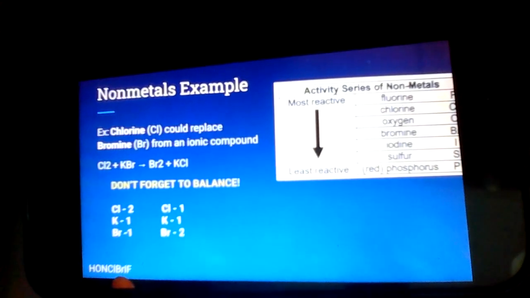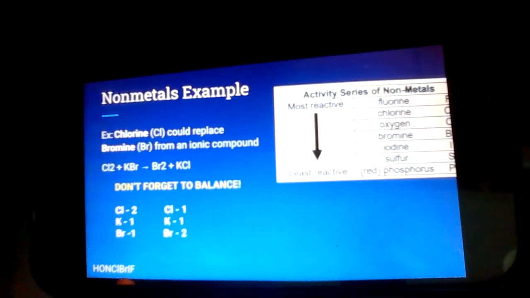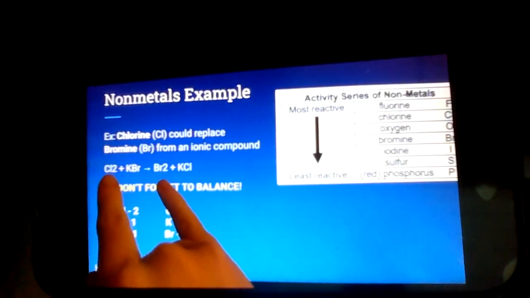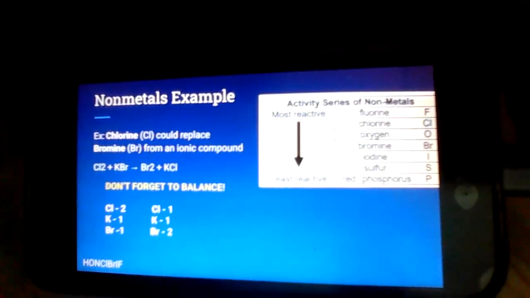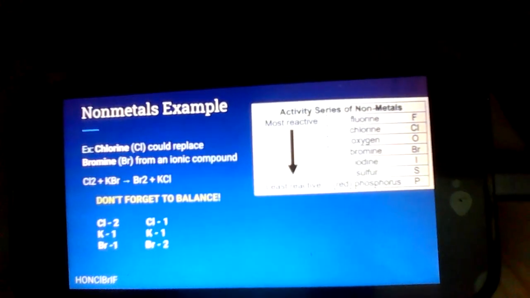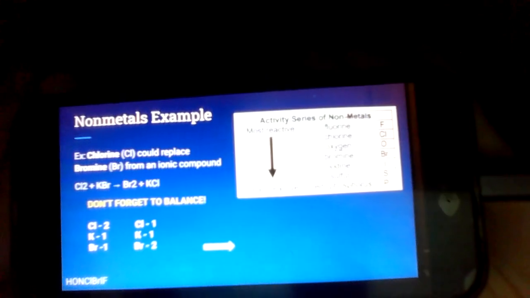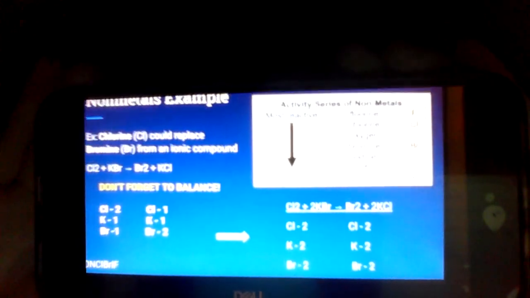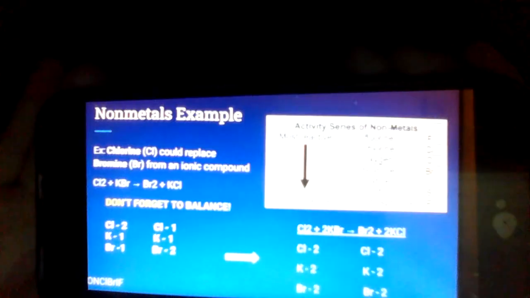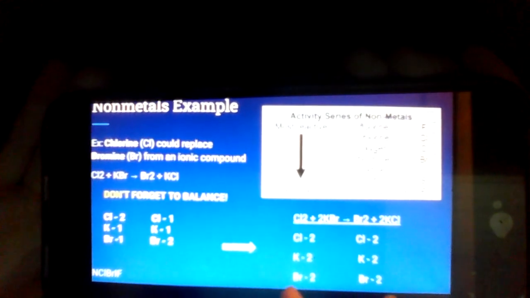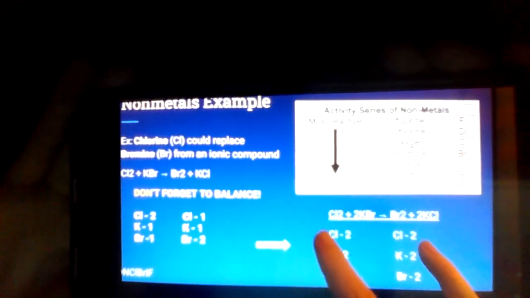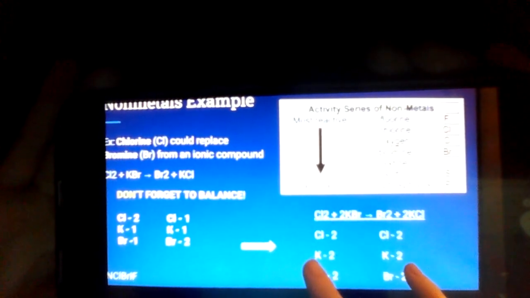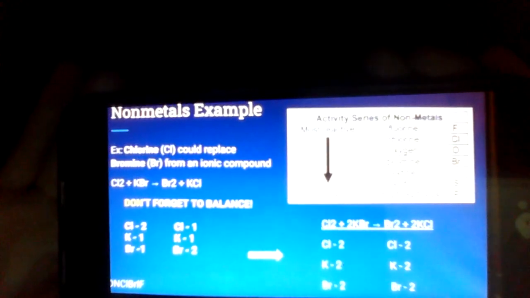So chlorine and bromine are both part of that, so they will have those 2 in your equation. So then we balance, and once you do balance, you will see that the equation looks like this. And now you can see the reactants and products both match with 2 chlorine, 2 potassium, and 2 bromine.